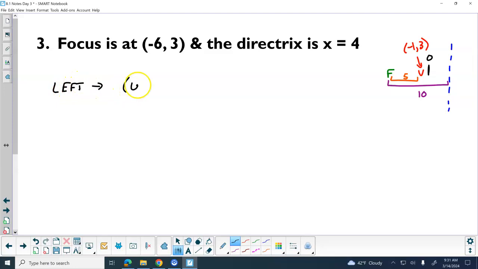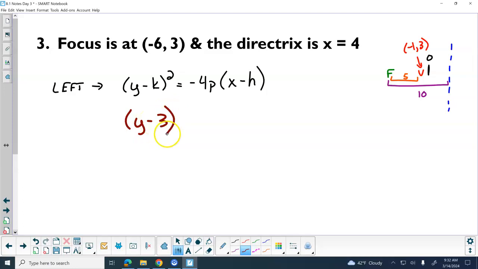So that's a y minus k quantity squared equals negative 4p times x minus h parabola. So this would be y minus, my k value is 3 for my vertex, quantity squared.